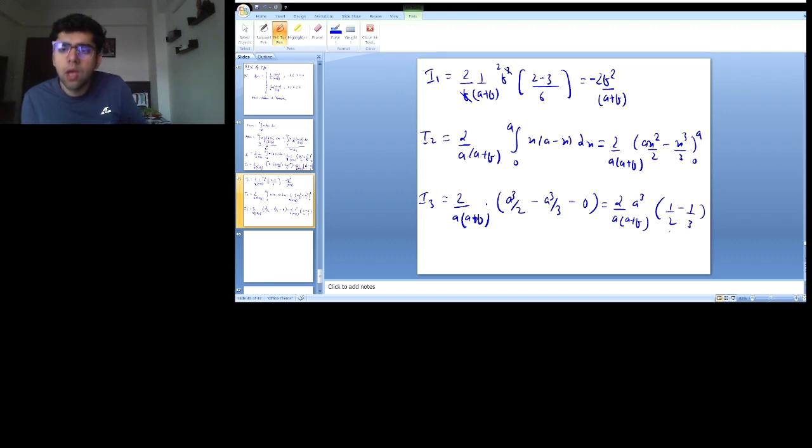minus 1 by 3. The LCM is 6, 3 minus 2, 1, so this gives me I2 is equal to 2a cube by a plus b into 1 by 6. And a goes away, I'll be left with power 2, 2a square by a plus b into 1 by 6, right?